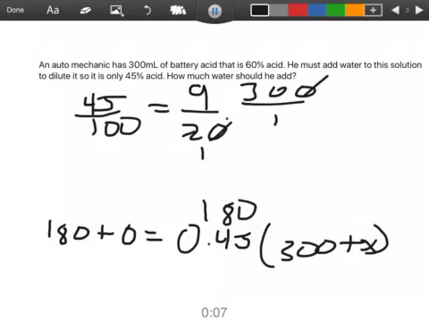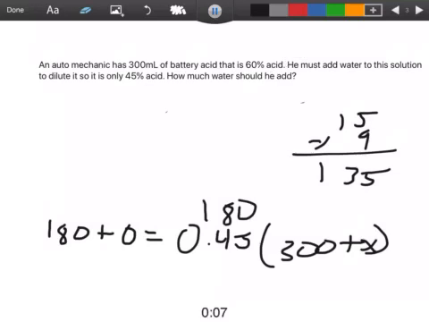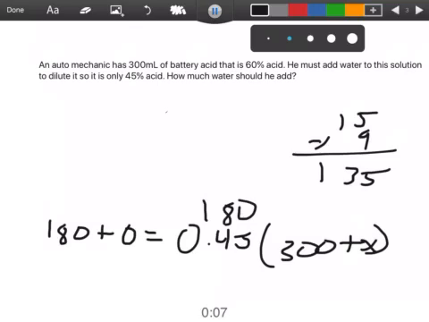So then we have 15 times 9, which equals 135. So we have 135 plus 0.45x, so 9 over 20x.